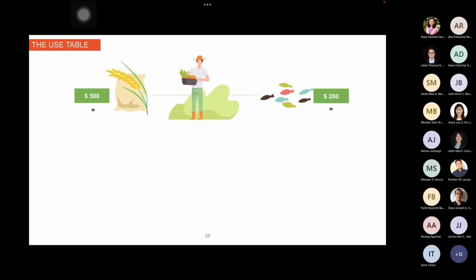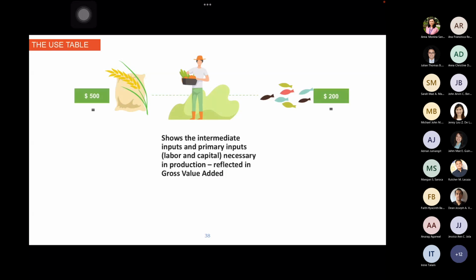And aside from these raw materials, industries will also need other inputs to production, such as the primary inputs that is reflected in gross value added. So let's say for wheat and crops, we have a total output of $500, and the intermediate inputs in producing wheat and crops amount to $200.